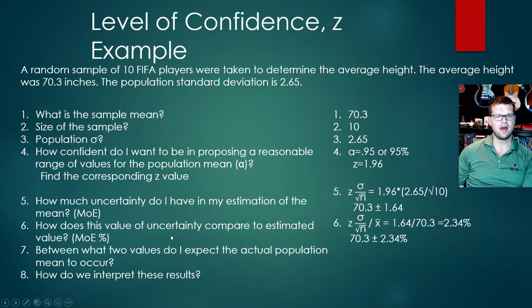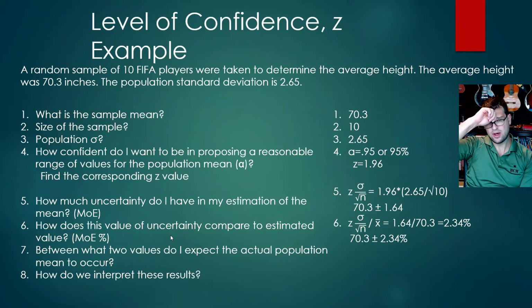So now the question is, what percent is that in relation to the actual value? This works well with ratio data, it doesn't work as well with interval data. So just be aware of that. This really only works with ratio. So how uncertain am I? What percent uncertain am I, if you will?